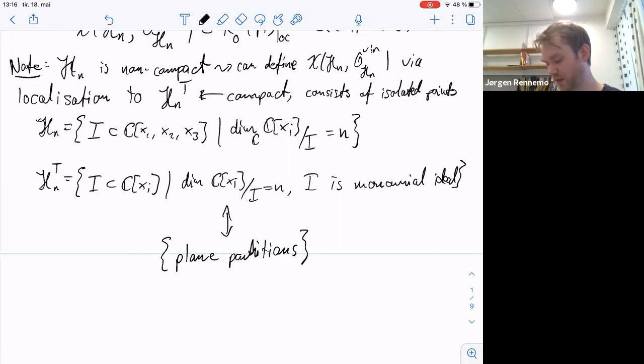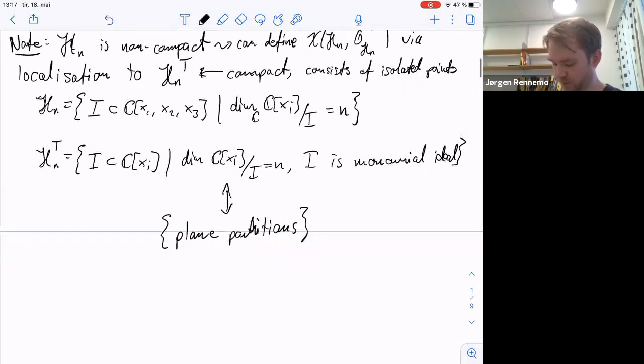Anyway, we have an explicit way of listing all the fixed points, and then we have the virtual localization formula.